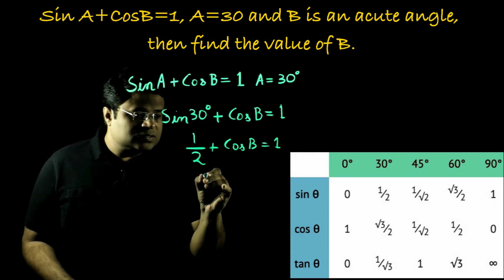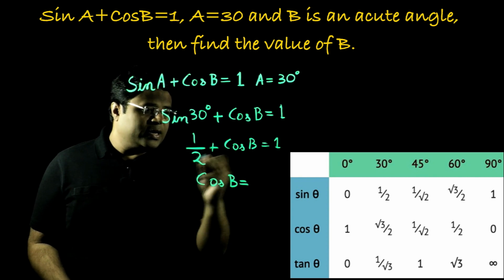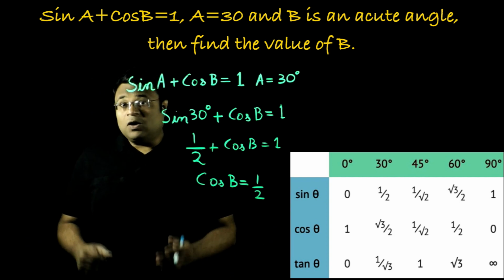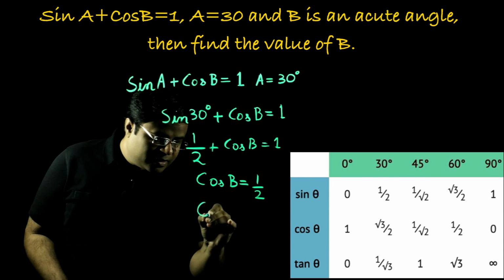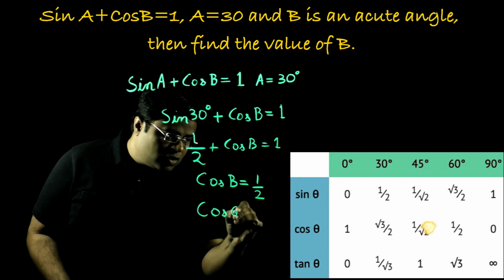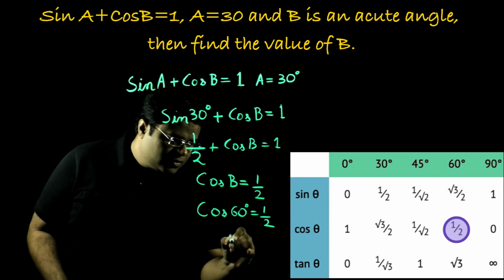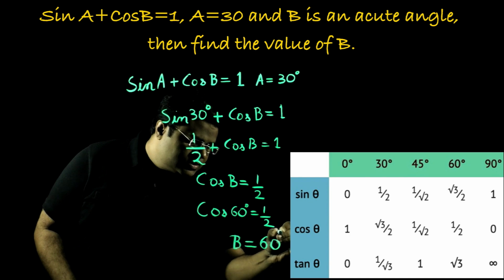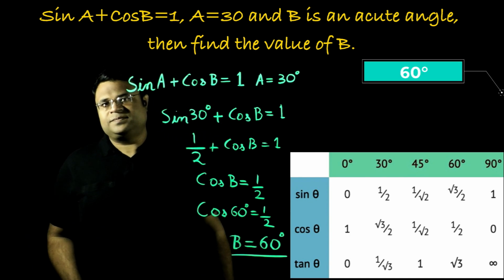The next step is cos of B is 1 minus half, which is half. Now you must know cos of which angle is half. So you will easily remember that cos of 60 degrees is half. So you can say B is equal to 60 degrees, which is your correct answer.